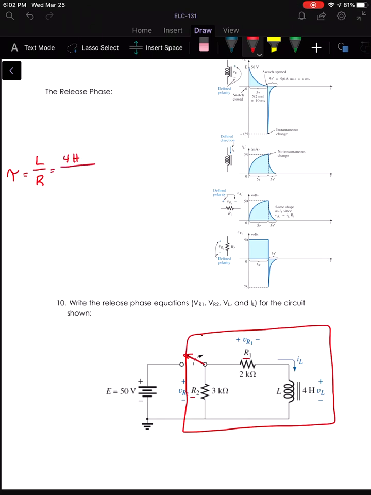So L is going to be 4 henries divided by the 3K plus the 2K ohm resistor. That gives us 800 microseconds, meaning it's going to take 5 times that amount of time in order to release that energy back through our circuit.